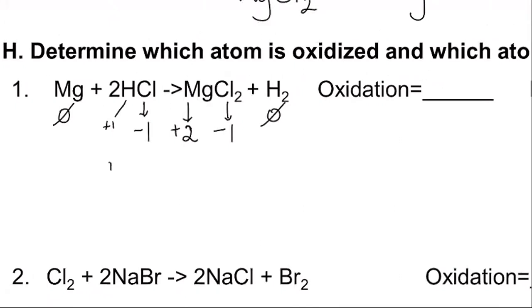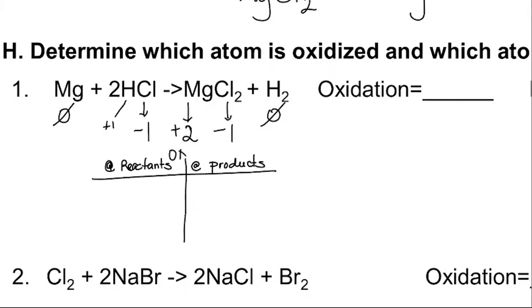Now I make my table. I say, well, I have reactants, and I have products. I'm going to investigate the oxidation number, specifically for magnesium, for hydrogen, and for chlorine.